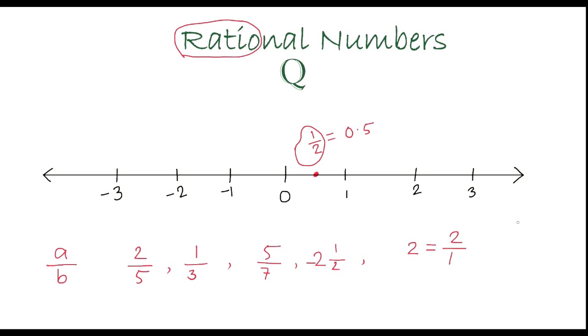So any integer can be written as that integer over 1. That means if you don't have anything here, you can think of 1 as the denominator. This is called the denominator and this is called the numerator, right? As a fraction. So all integers are also fractions like this. So all integers are included in rational numbers.